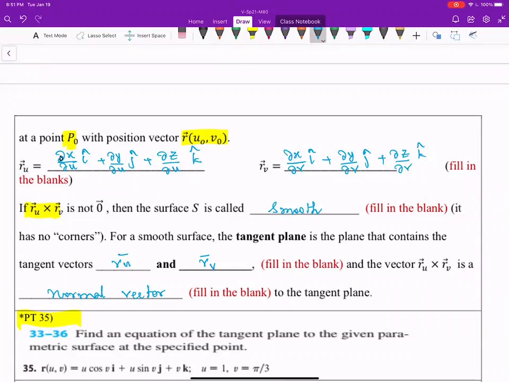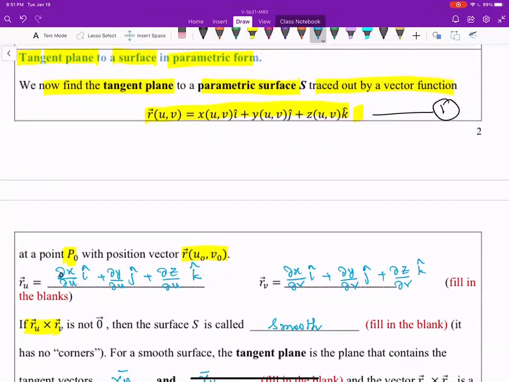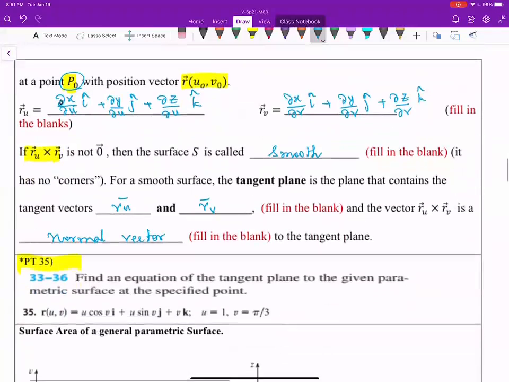So whenever you want to find the equation of the tangent plane, if they give you the point P0, you can keep that point. If they give you a specific parameter for that point P0, you can plug in that parameter and get the point. Then you need the normal vector. The normal vector is provided by r u cross r v.